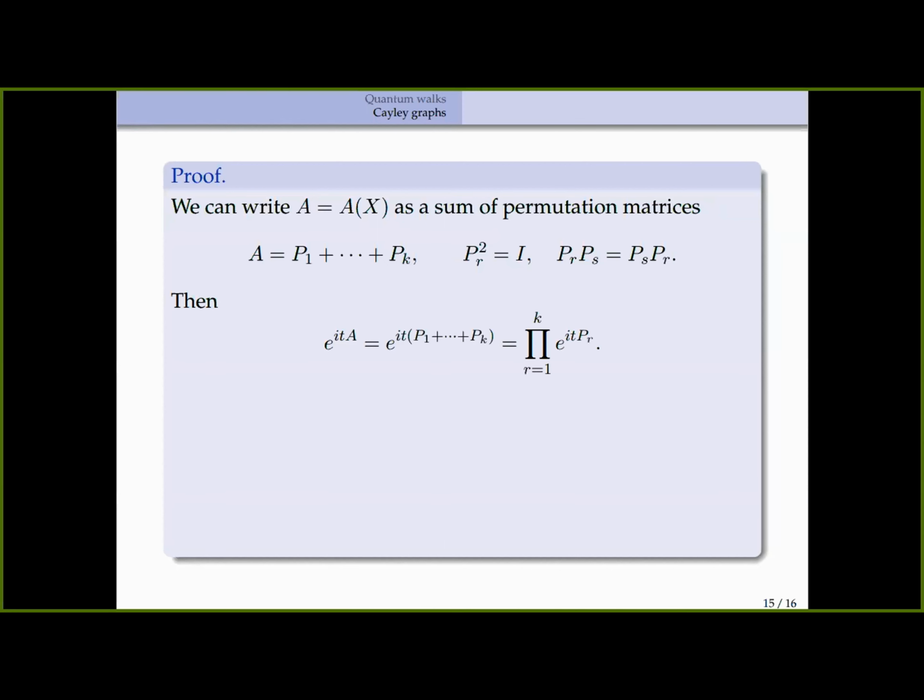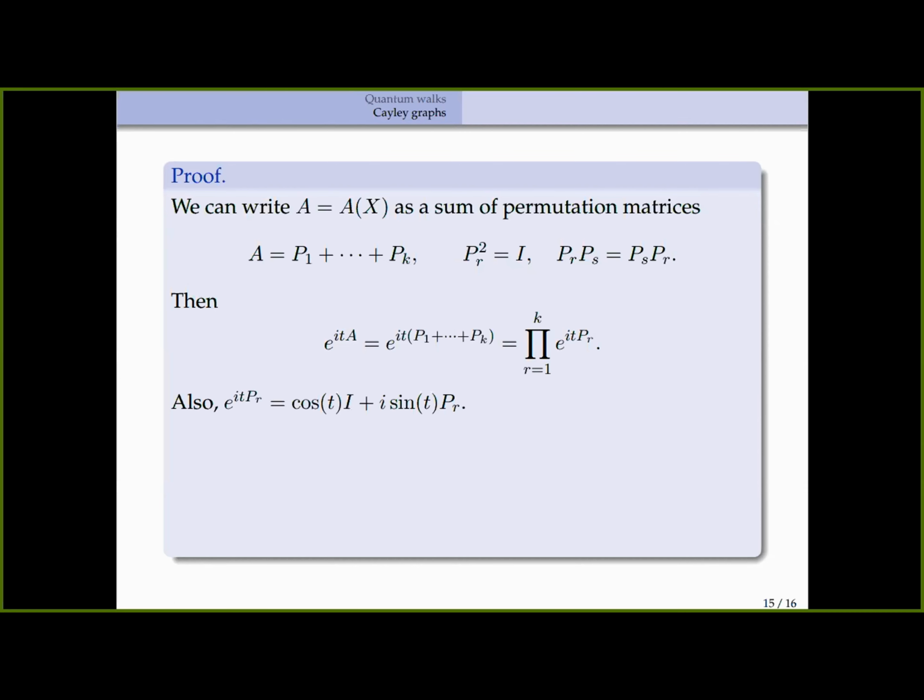And so the transition matrix we can write as e to the power of it times this sum of permutation matrices, which is equal to this product here, because the permutation matrices commute.